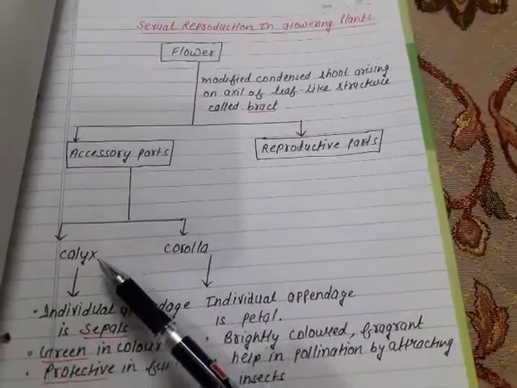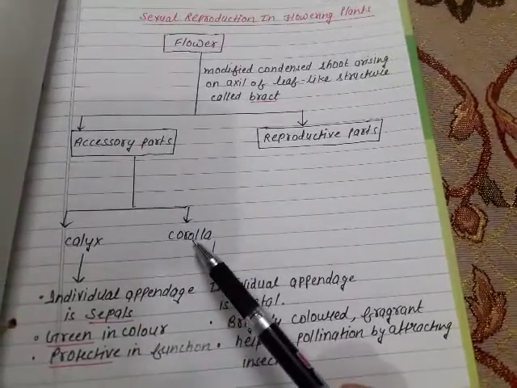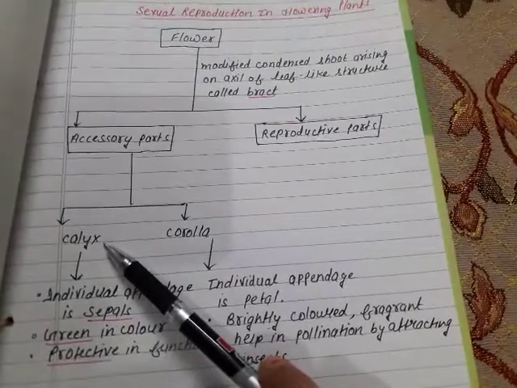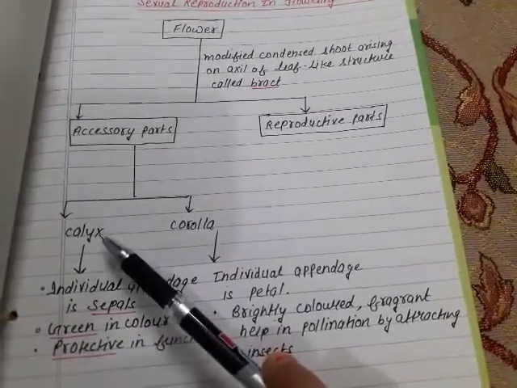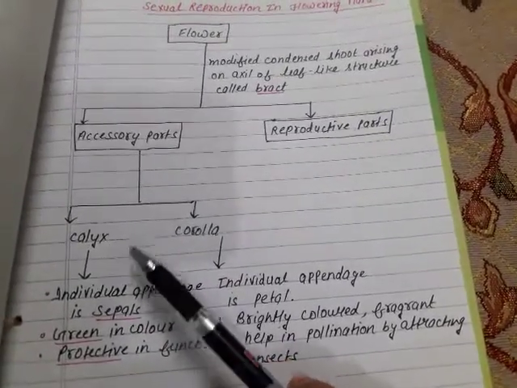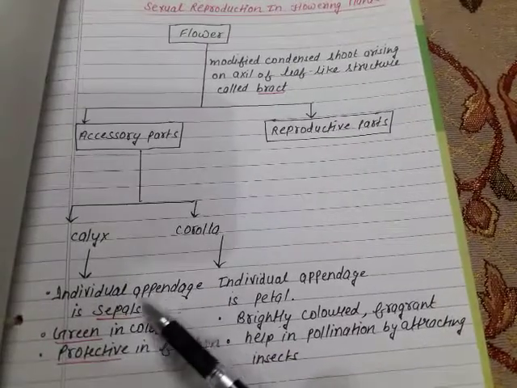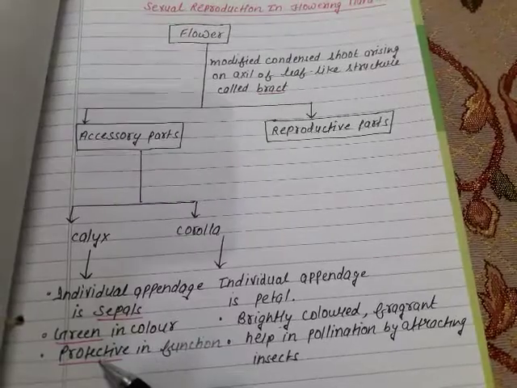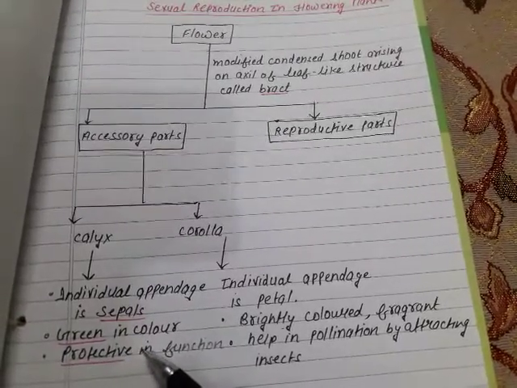These two parts are the calyx and the corolla. The calyx is the outermost whorl of the flower, and the individual appendage of the calyx is known as a sepal, which is green in color and protective in action.